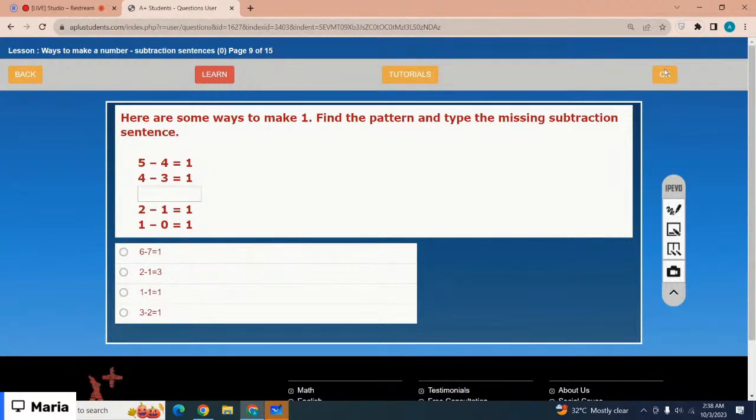So which is the correct option? The correct option is 3 take away 2 equals 1. That would be the last option.